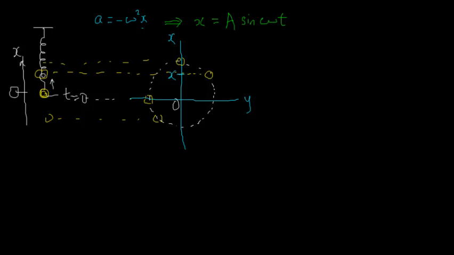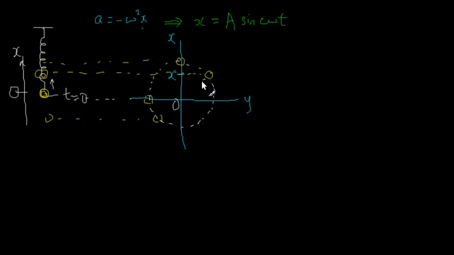Now, the first thing we can think about is this. We do know something about the acceleration of a ball in circular motion. We know something called the centripetal acceleration.